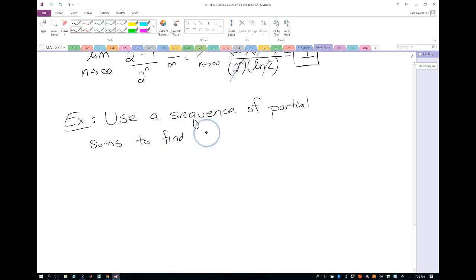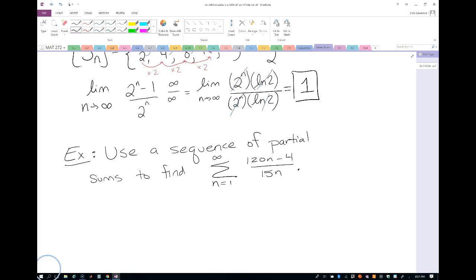To find the value of this infinite series, if it exists. So we might be able to get this to go a little bit quicker if we start by writing out what the terms for this sequence are.